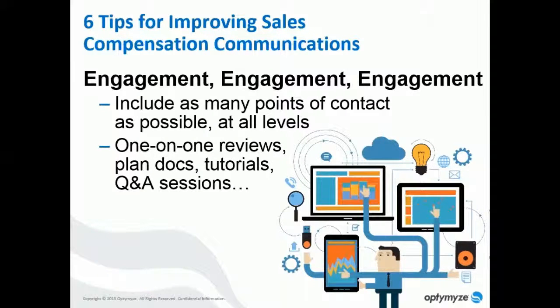In addition to this, organize one on one reviews between people who are a part of the plan design process and sales leaders, between sales leaders and sales managers, and finally, also between your sales managers and the reps. These more personal reviews can really enforce a level of understanding and belief in your comp plan in a much more effective way as compared to a simple plan document.